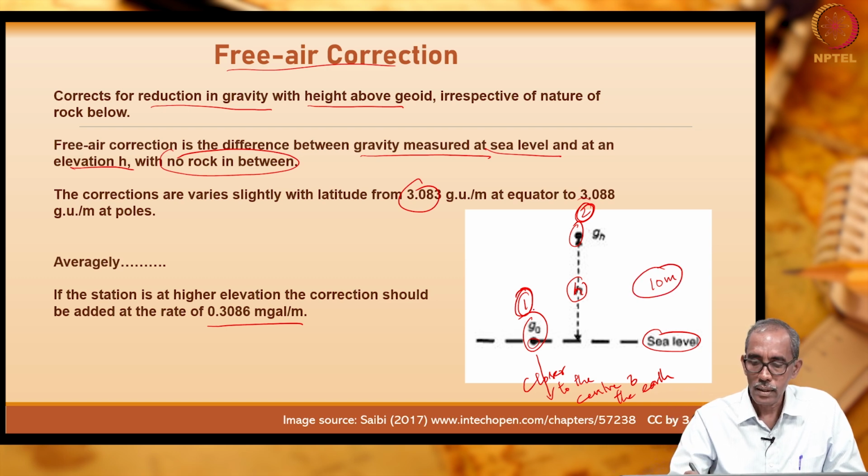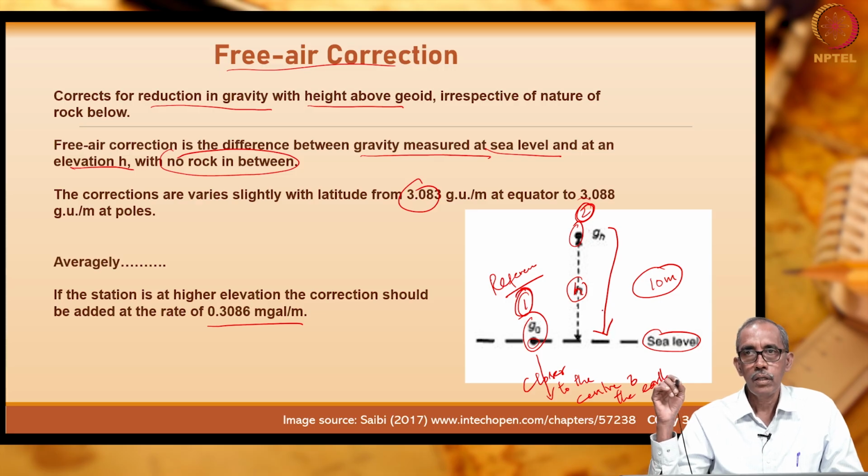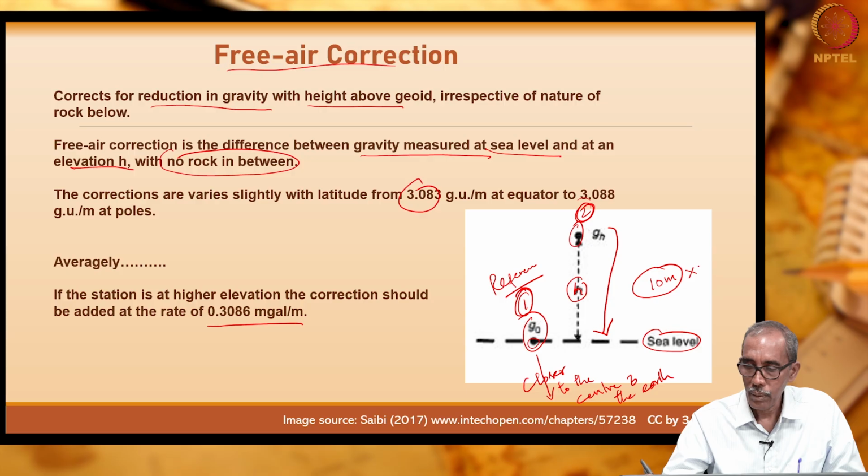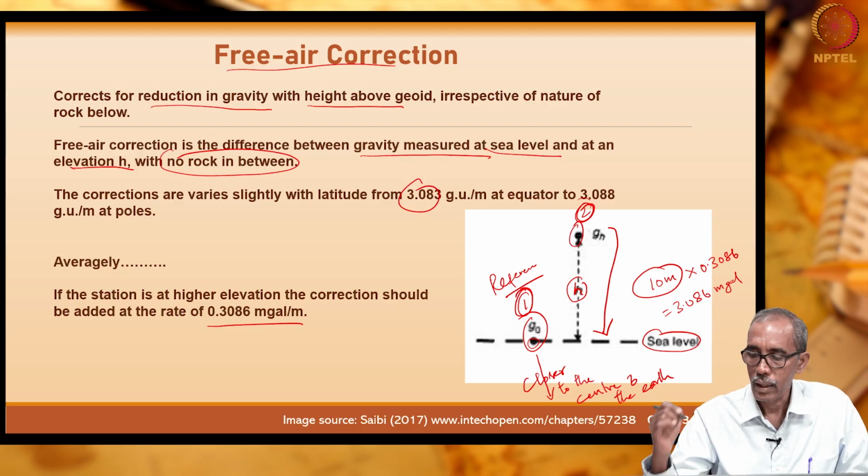Now, we want to make this the reference. That means we are going to bring station 2 to the mean sea level. In order to do that, what do we have to do? 10 meters multiplied by 0.3086, right. We will get some value. What value will we get? It is equivalent to 3.086 milligal, isn't it?